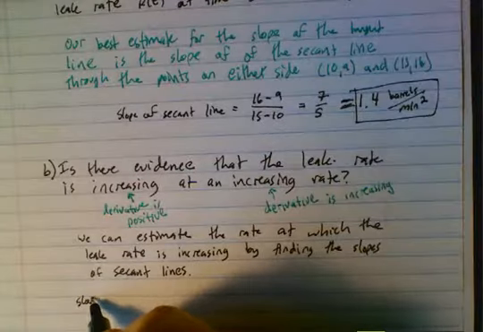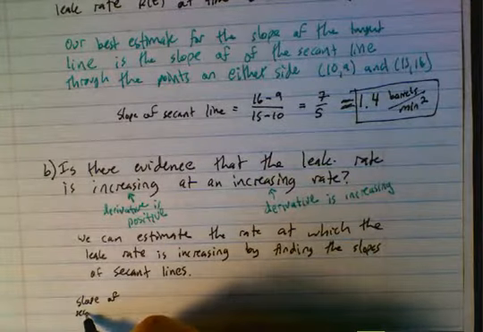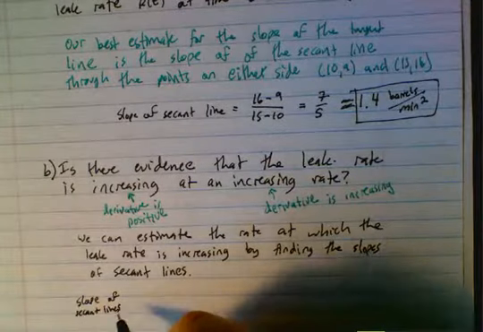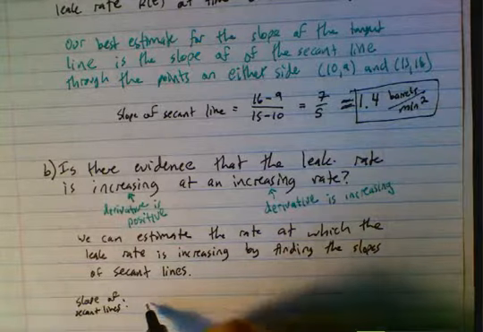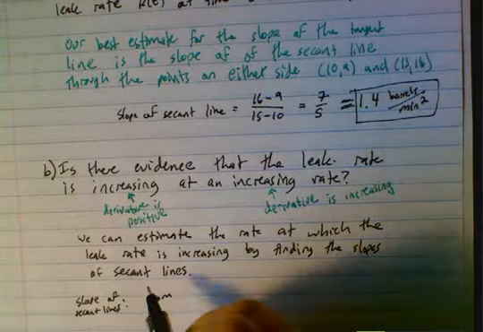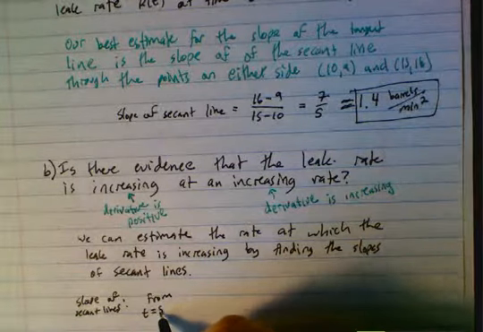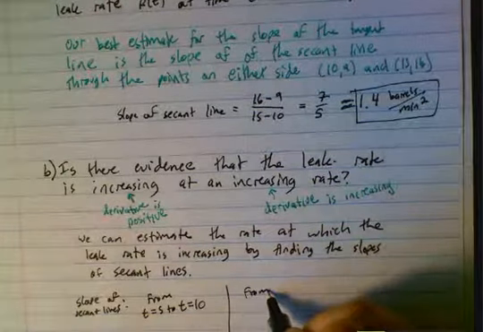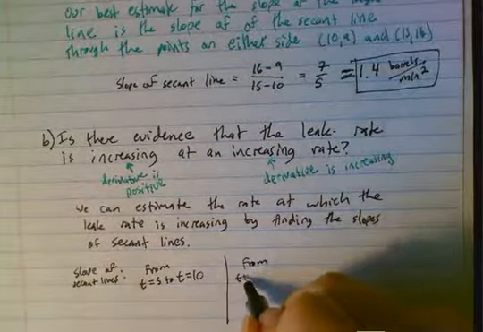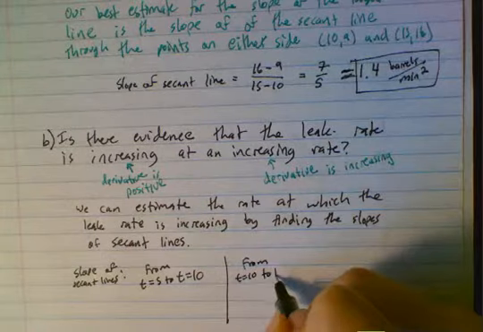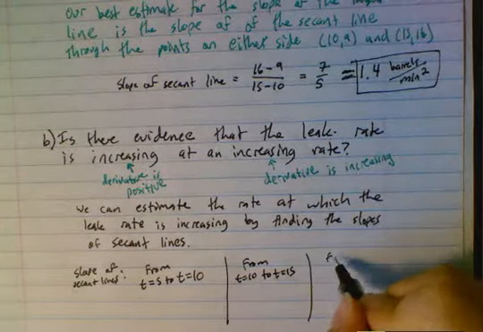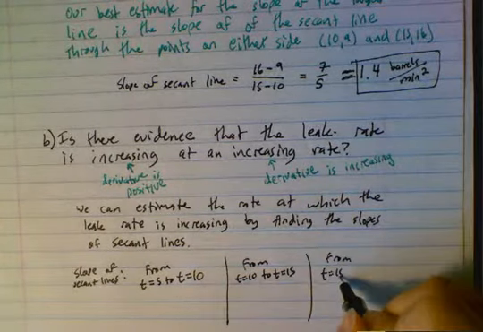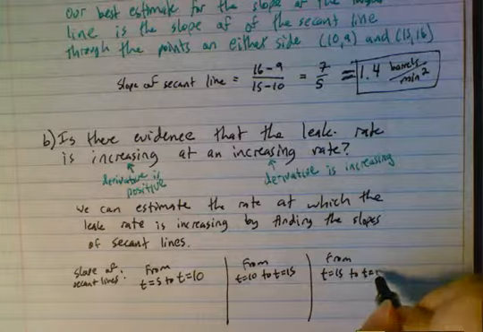So slope of the secant lines from t equals 5 to t equals 10, from t equals 10 to t equals 15, from t equals 15 to t equals 20.